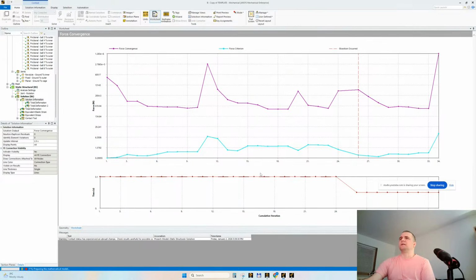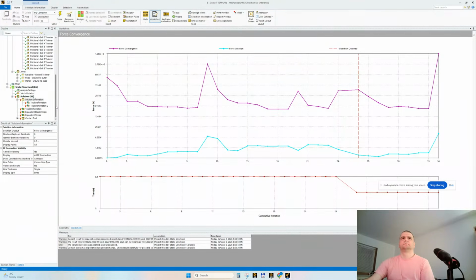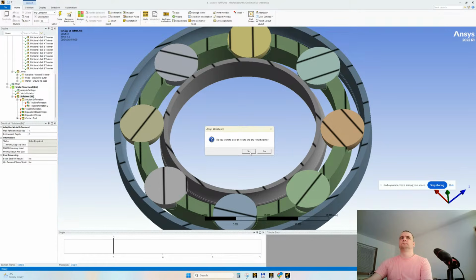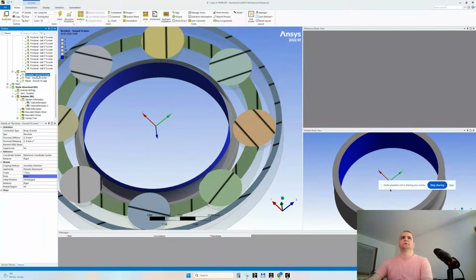Analysis of pedestal. All right. So where are we here? I don't like it. I don't like it. All right. Go to inner. What to do in order not to damage the simulation too much?